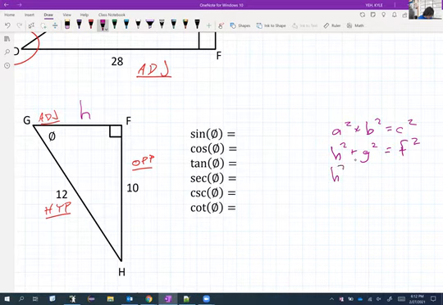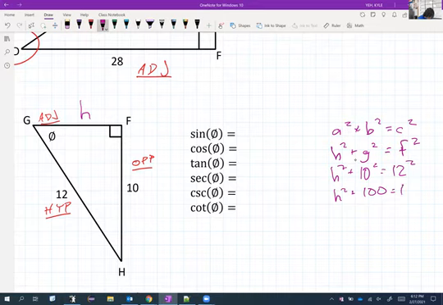So h squared plus g, which was 10, squared, the length of that side, equals 12 squared. So h squared plus 100 is equal to 144, meaning h squared equals 144, and I lied, 144 minus the 100, sorry.